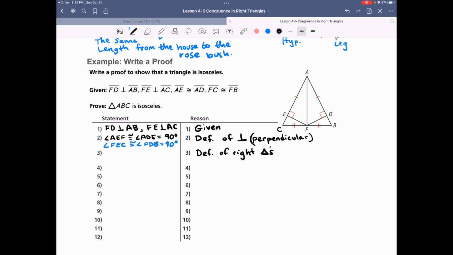Well, we have triangle AEF, triangle ADF, triangle FBD, and triangle FEC are right triangles.